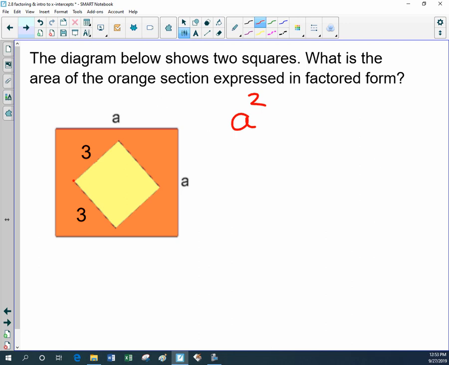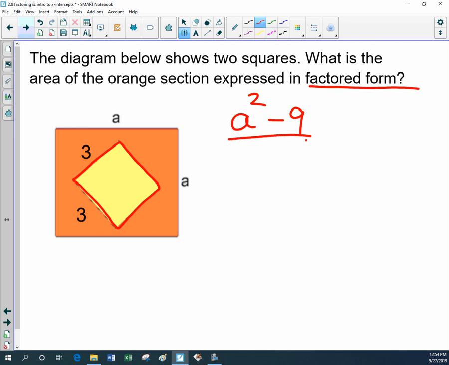To find the area of a square, we multiply 3 times 3, so the yellow part is 9. So the orange part is a squared minus 9. And then it wants us to express this in factored form.